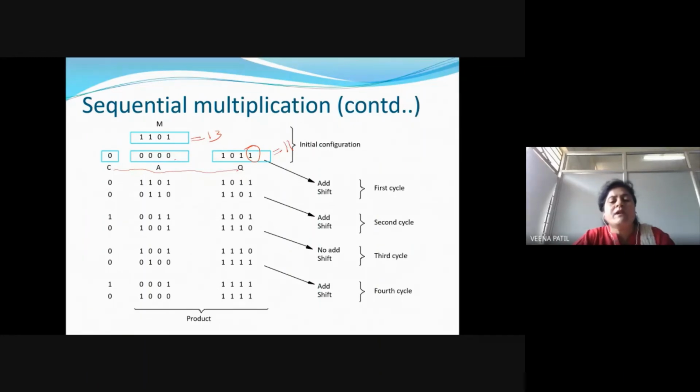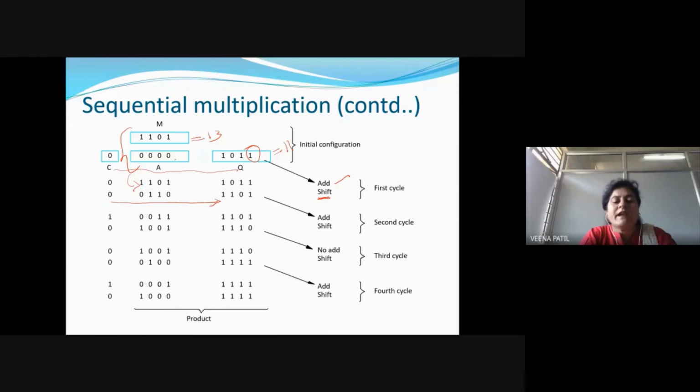If the Q naught value is 1, it is going to perform add. What is going to be added? The A and M values will be added, and it will store the answer back in A. Now after performing addition, it is going to perform shift, shift right by 1 bit position. Now CAQ will be shifted by 1 bit.